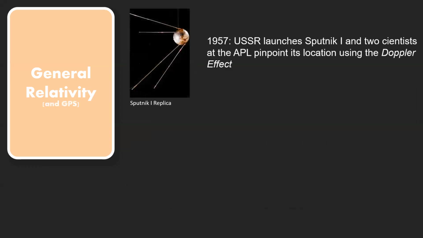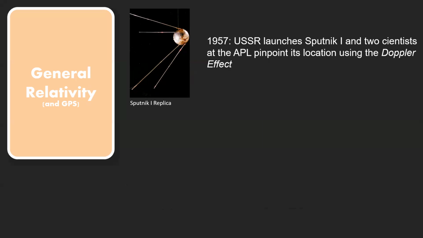So I'm going to talk now about Sputnik 1, which was the first man-made satellite to go to space. In 1957, the Soviet Union launched it, and then two scientists at the Applied Physics Laboratory in the Johns Hopkins University can pinpoint its location using the Doppler effect, which means they measured the time light took to get there from the satellite, and they can pinpoint it.